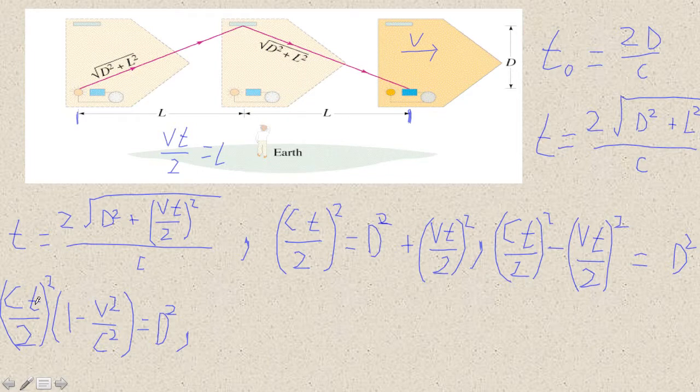Now the next thing to do is I want to get this t by itself. So I'm going to put the 2 squared up here, the c squared below that, and then divide by this thing in parentheses there, right?